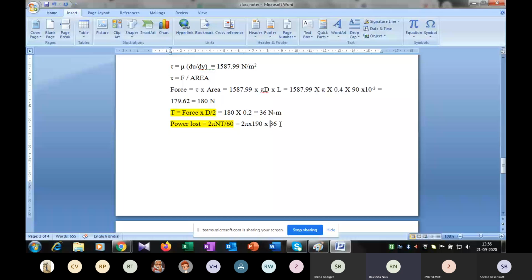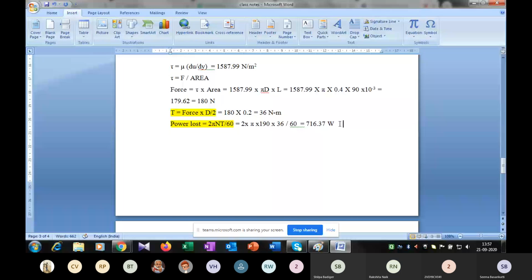Ma'am, loss is 716.376. 716.376, ma'am. Okay. So power we are going to measure in terms of watt.